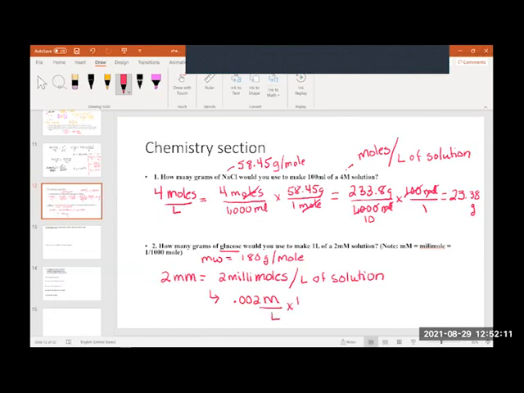Now I multiply by 180 grams per mole, which is the molecular weight of glucose. And just like that, I am told that I need 0.36 grams per liter of glucose to make a 2 millimolar solution.